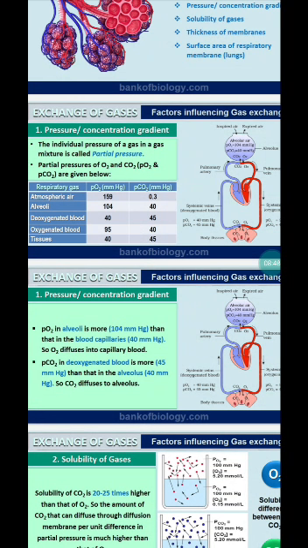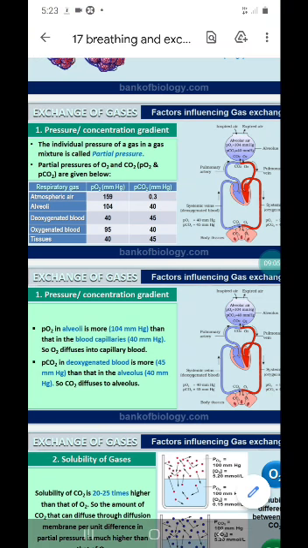The partial pressure of oxygen is given as PO2, and the partial pressure of carbon dioxide is given as PCO2. This gives the partial pressure of the gases, oxygen and CO2, in the atmosphere as well as in the blood.